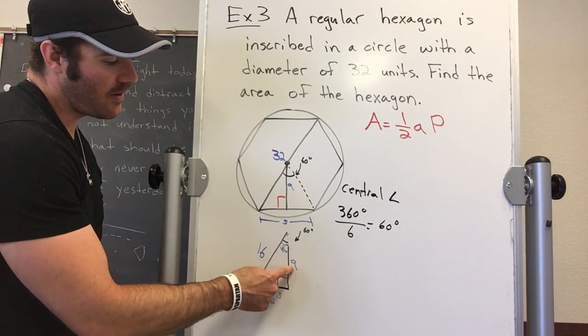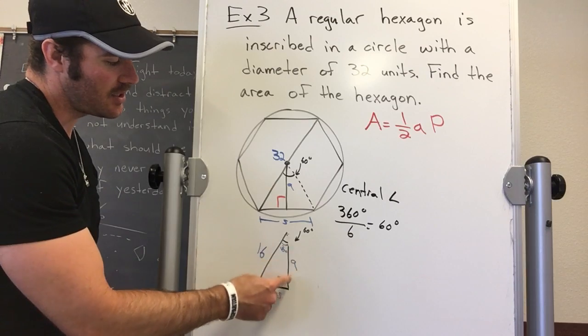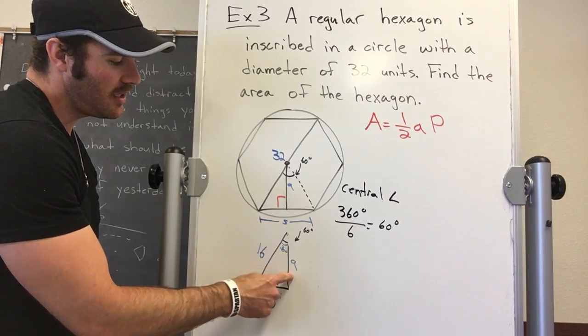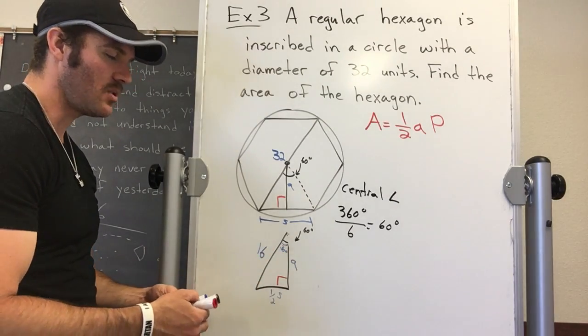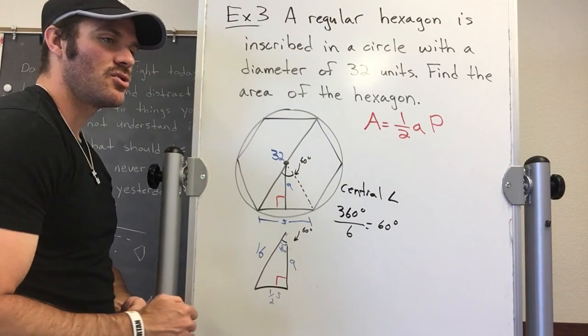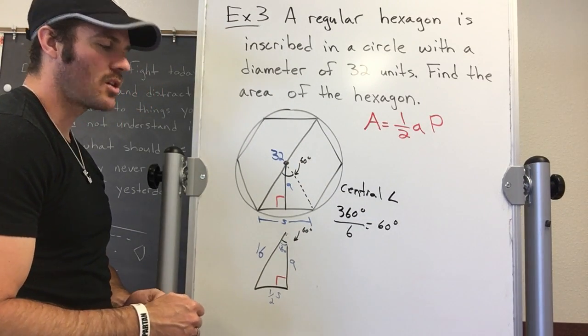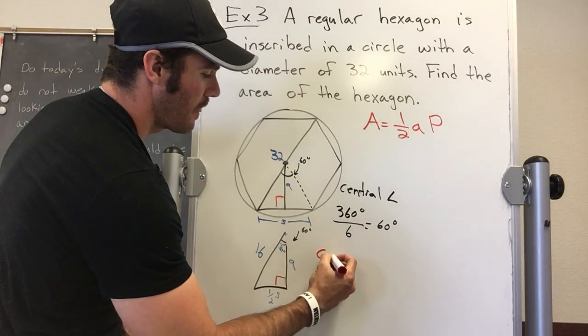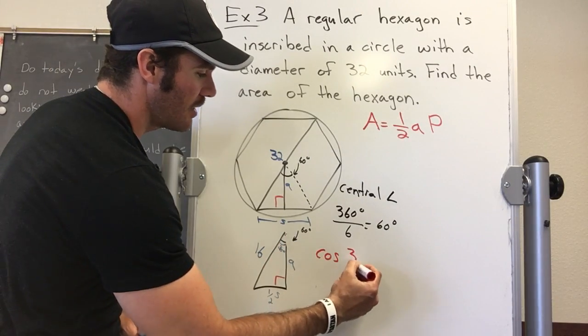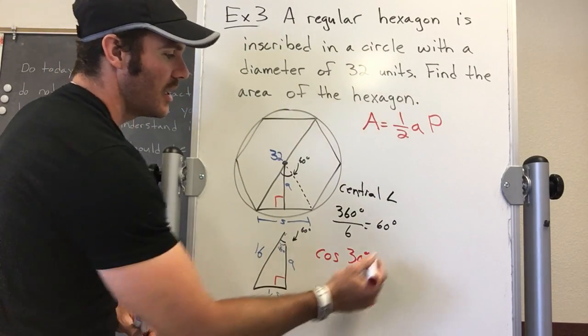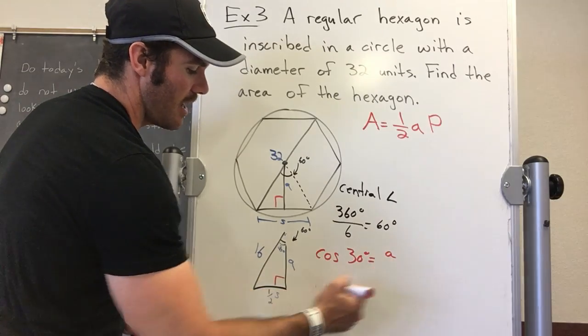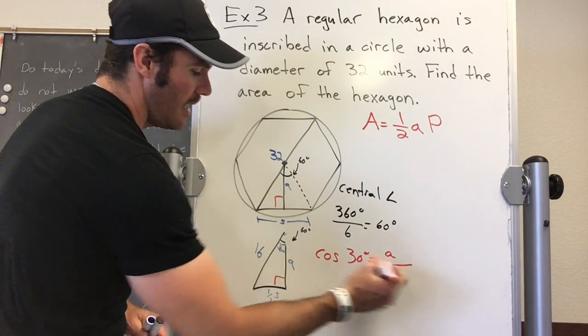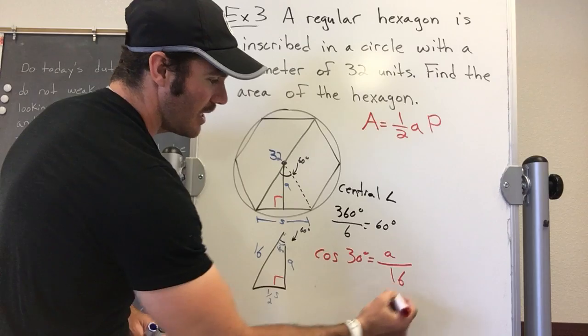So if I want to find this length here, which is adjacent to the angle, it's adjacent over hypotenuse. What is adjacent over hypotenuse? CAH, cosine. SOHCAHTOA, cosine of our angle, which is 30 degrees, equals adjacent, in this case just an unknown, A, over that hypotenuse, which was 16.